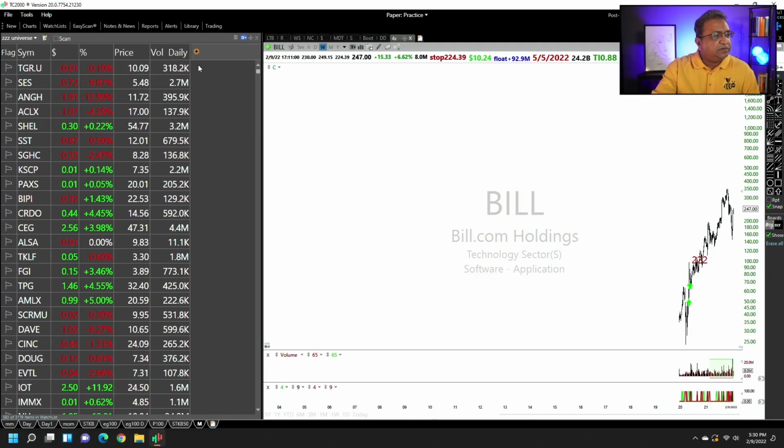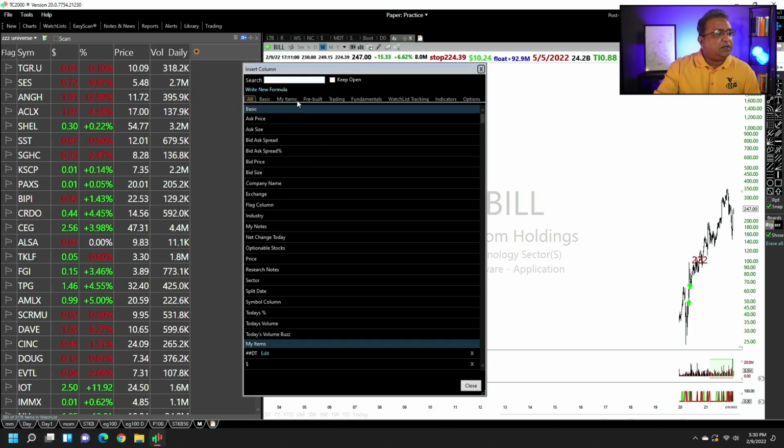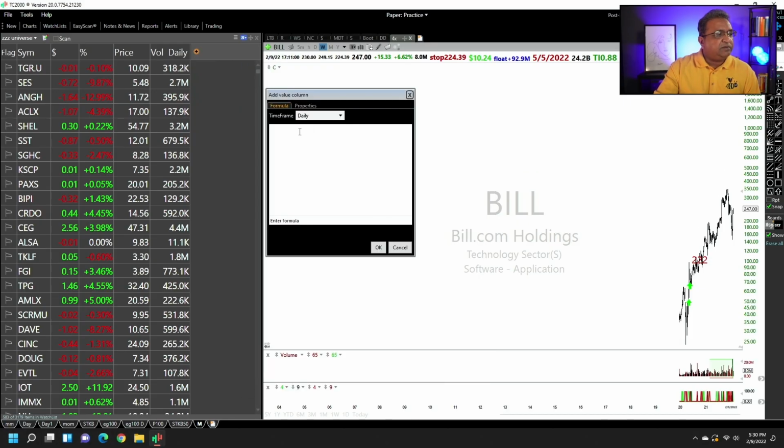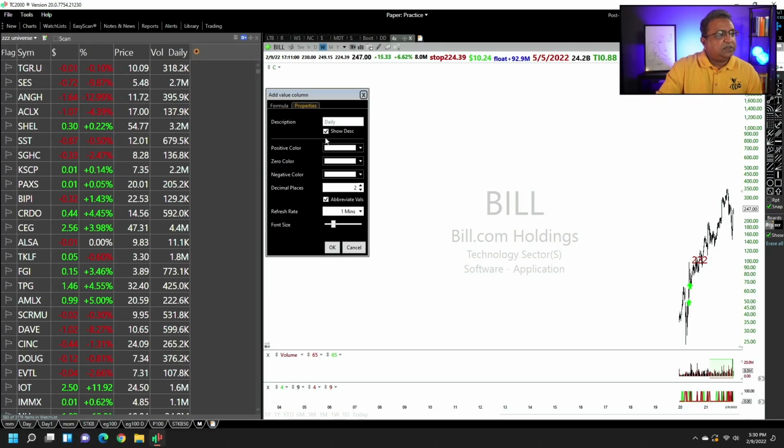One of the ways in which you can create a momentum ranking for 6 months is by adding a column here. You add a column, and you write a formula for that, which is C divided by average C 126. And we can name this 6 month.